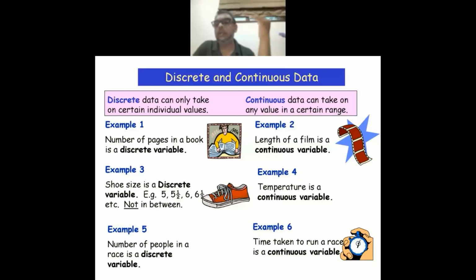Kita ambil example yang senang. Losing weight and exercising. Exercising memang by default is continuous, sebab you have to do it continuously. Loss of weight is what we say is a discrete variable because there's a number for it.